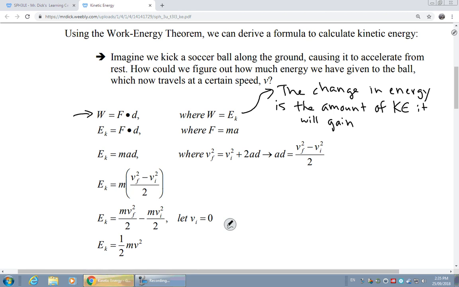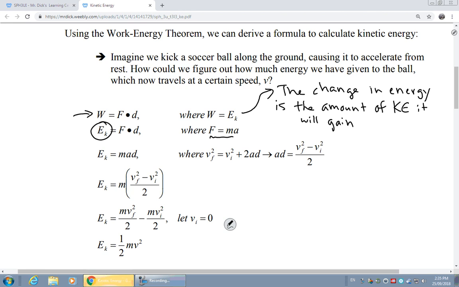And so instead of saying work is equal to force times displacement, I could say that the amount of kinetic energy that I'm actually looking for, which I'll call EK, E with the subscript K for kinetic, is equal to my amount of force multiplied by my displacement. But remember that the amount of force that I'm applying, if I assume that all the forces were balanced initially and I'm applying some new force, that really means my force is like an F net.